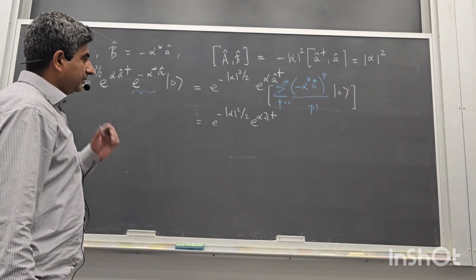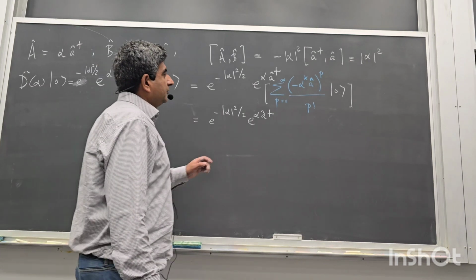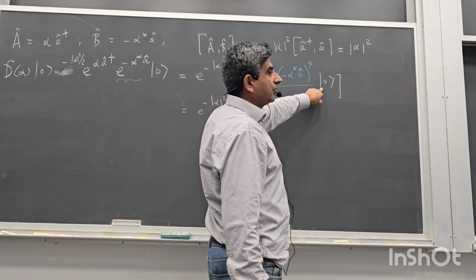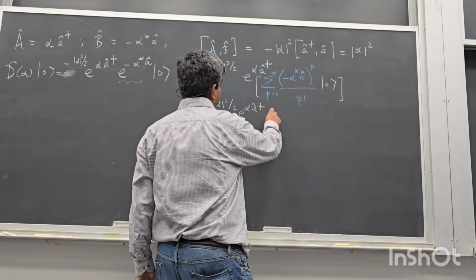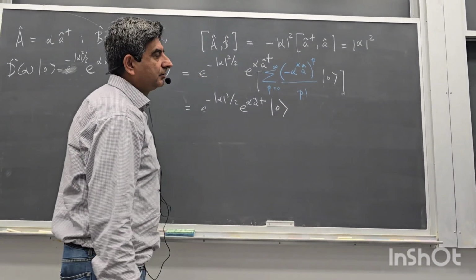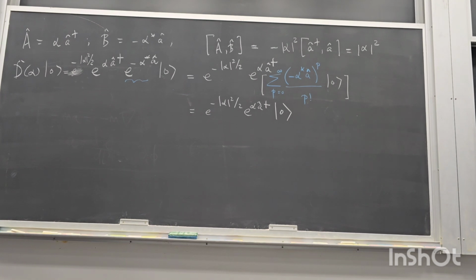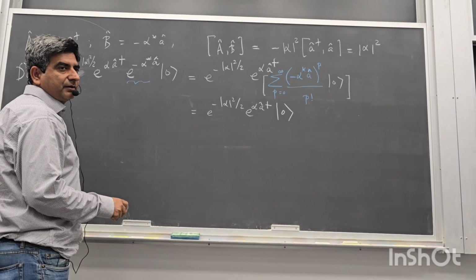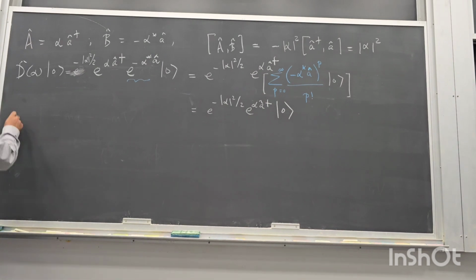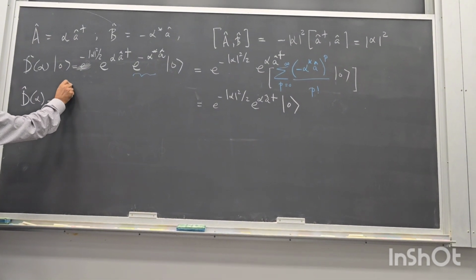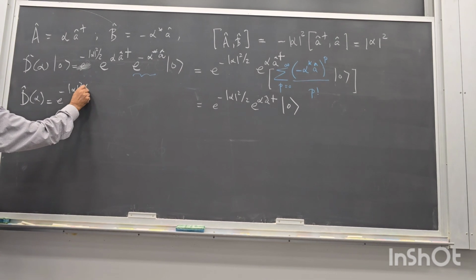When p equals 0, this is 1 over 1 acting on ket 0.